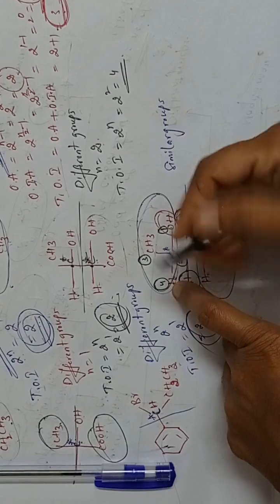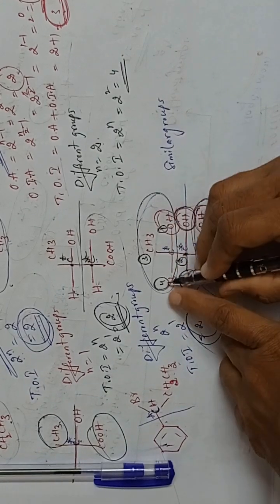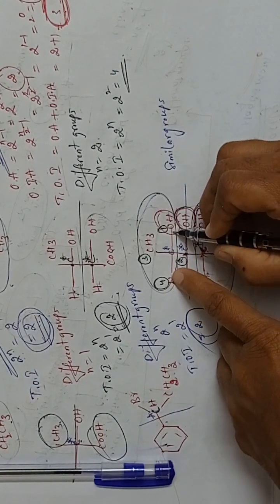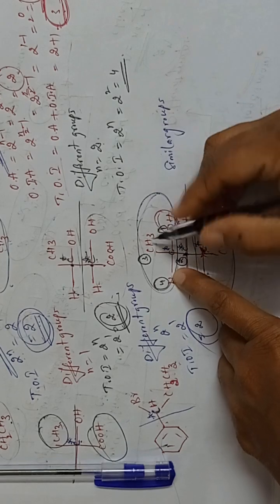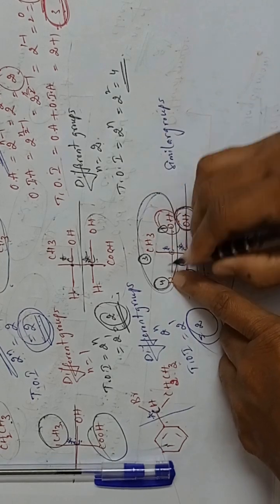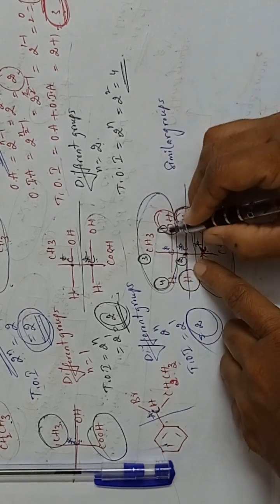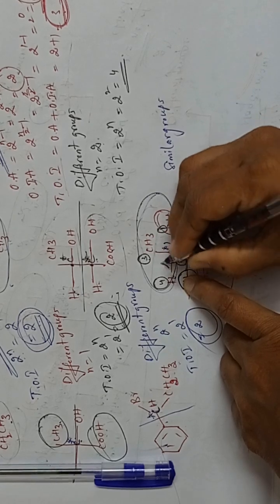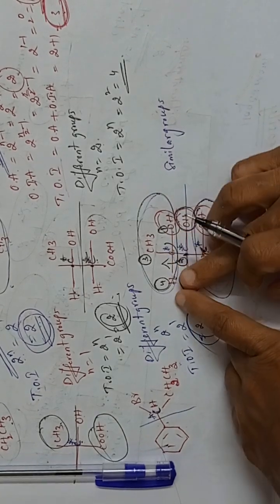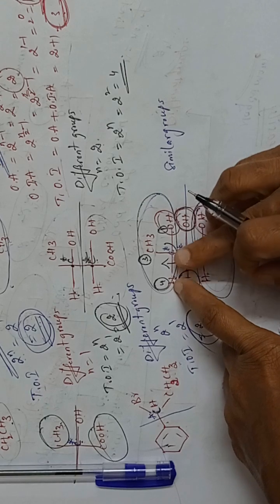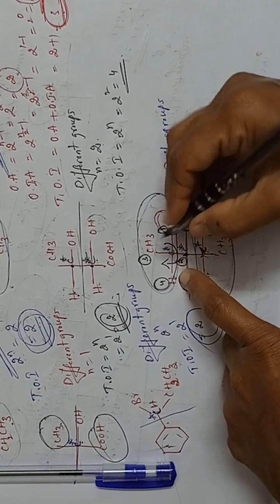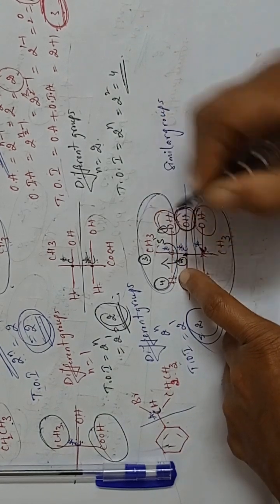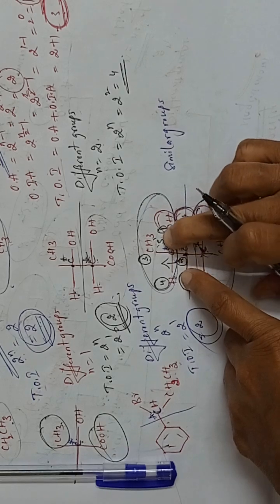Here I am not discussing, just directly writing. Hydrogen atom is on the horizontal line, and in atomic number priority order 1, 2, 3, it is in clockwise direction. Which configuration? It is S configuration. This carbon is S configuration.